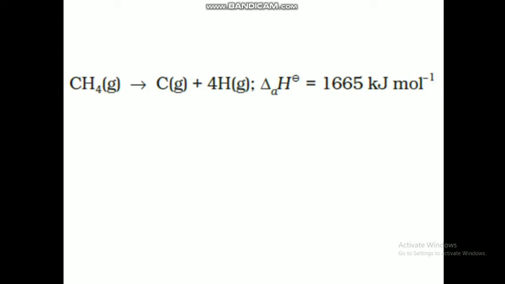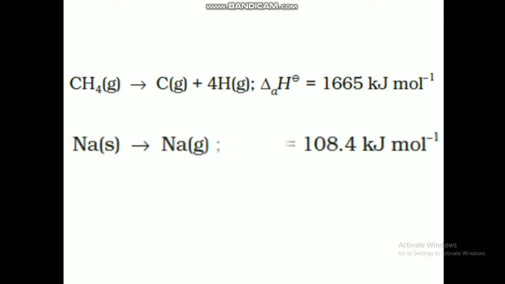And when we consider metals, they exist in a metallic lattice. So when we see a reaction of metals, the reaction is not similar to this. Here we can see sodium in the solid form is converted to sodium gaseous form. In this case, the metal lattice is existing. It is actually in the metal lattice, combined with the metallic force.